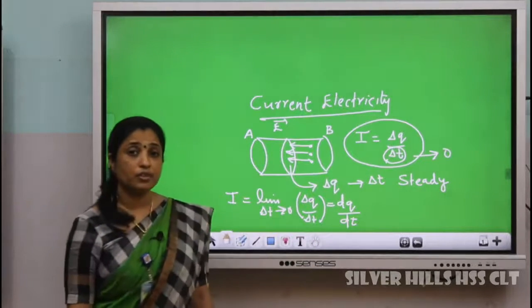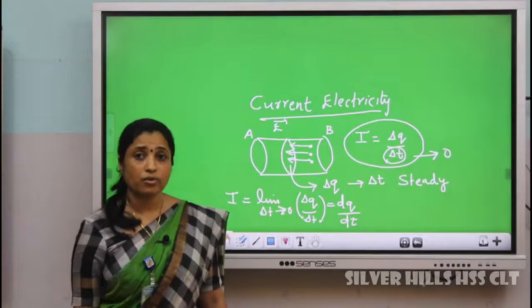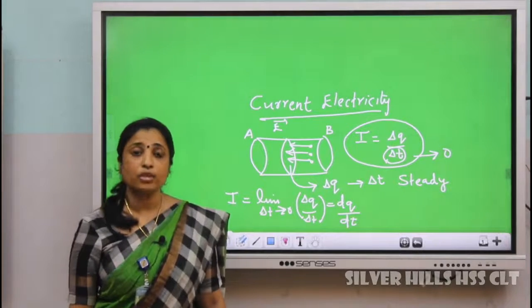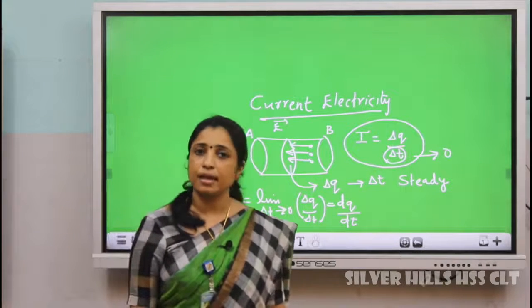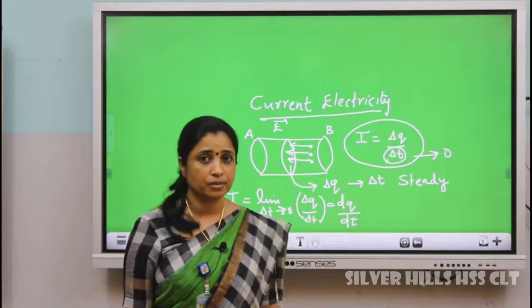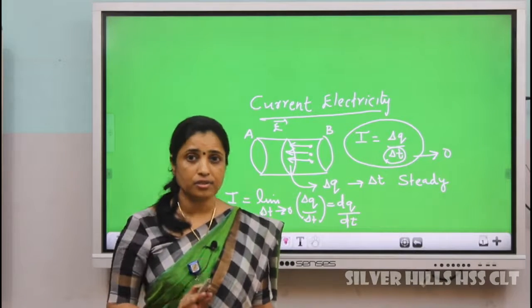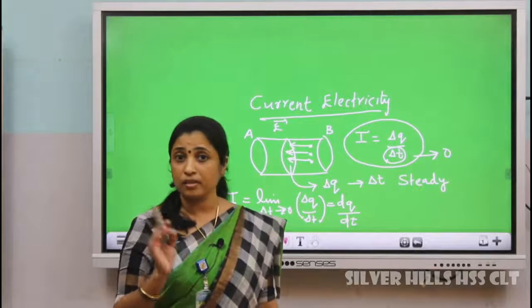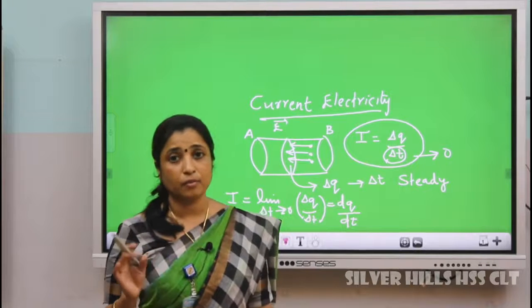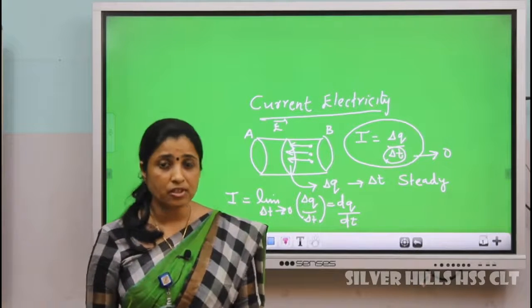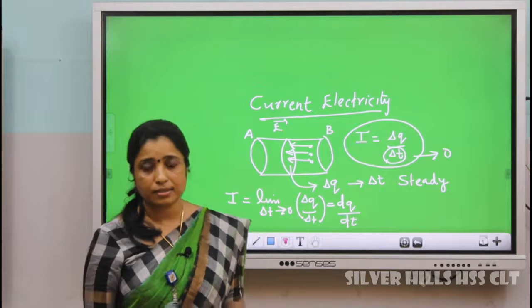In this case, we should know that the electrons in the conductor are moving with uniform velocity, that is, acceleration is equal to 0. But if acceleration is not equal to 0, then it will give rise to electromagnetic waves. I think I've mentioned this in the previous class.